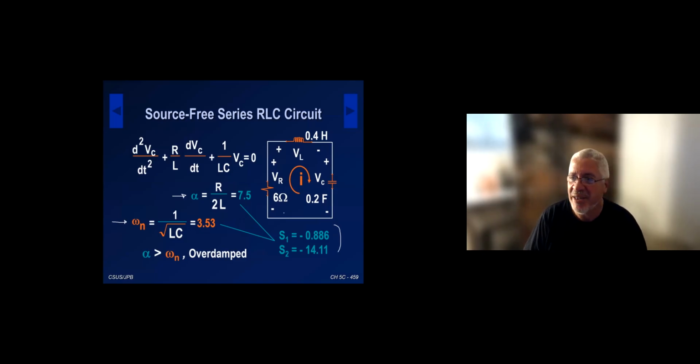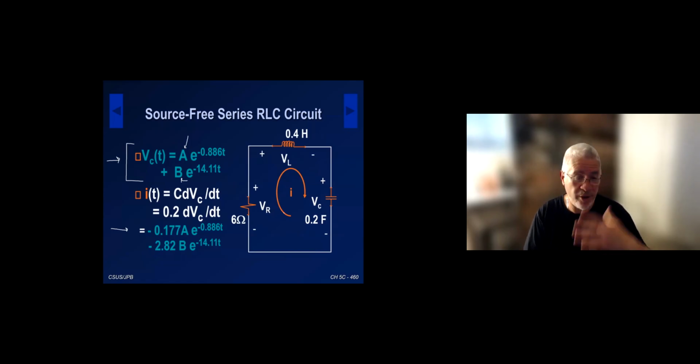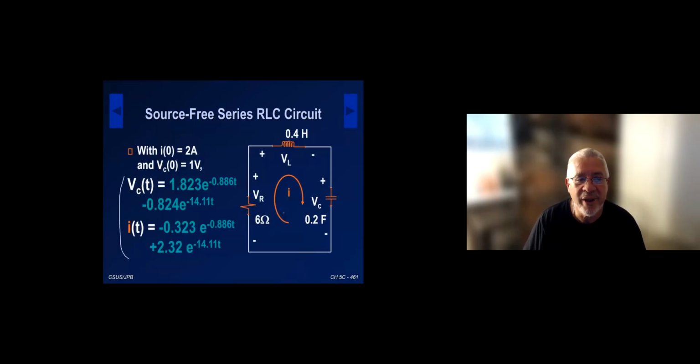We identify that we have an overdamped case, and we calculate those two roots, S1 and S2, and we write the general solution for VC. Once we write the general solution for VC, we also need the inductor current so that we have the means to enforce initial conditions on the capacitor voltage and the inductor current. And we do that here.